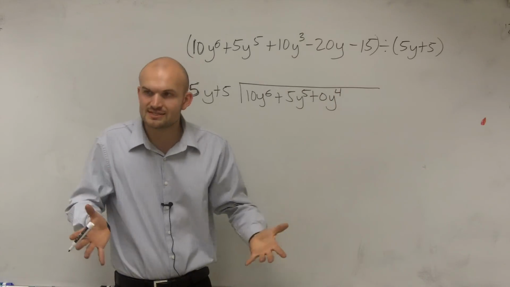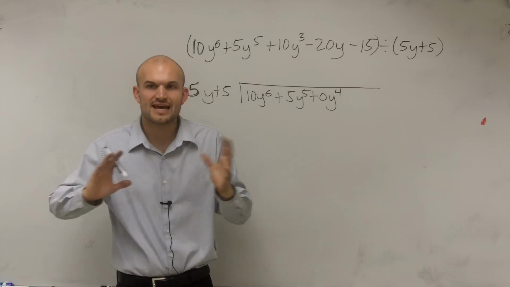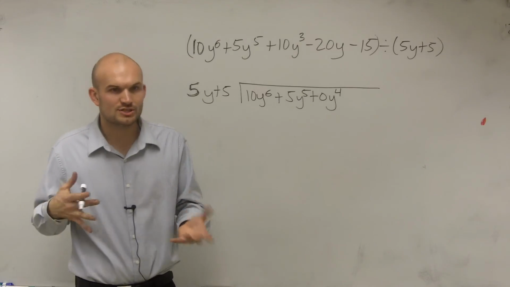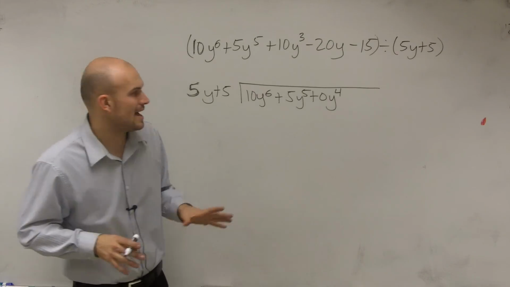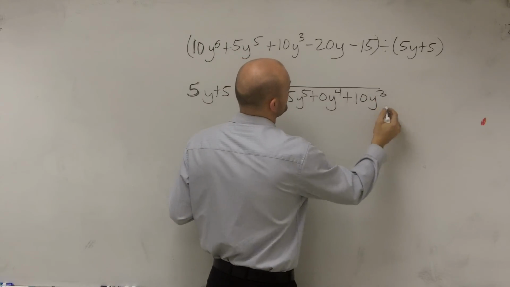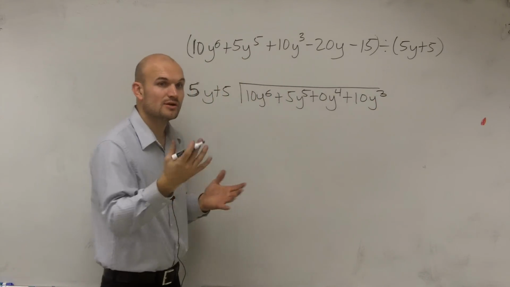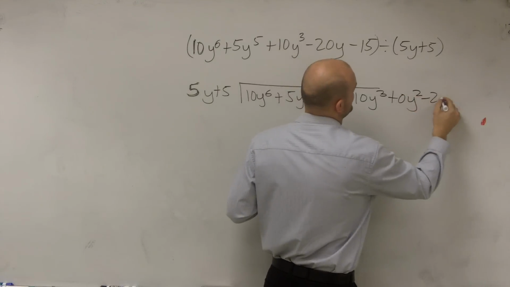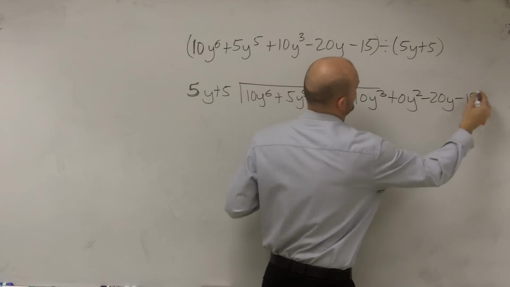It's just giving a place value to help you do the problem. When you're starting out, I recommend it; once you get used to it, you don't have to keep adding it. Then I have plus 10y cubed. We don't have a y squared, so I'm going to do the same thing: plus 0y squared minus 20y minus 15.